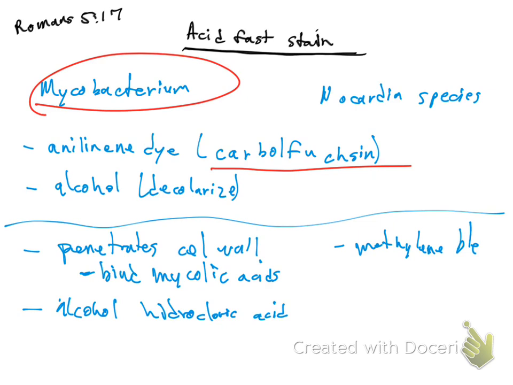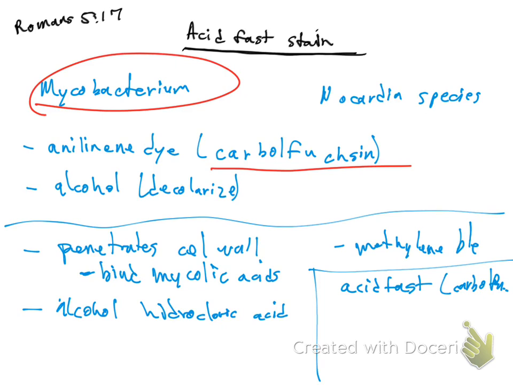Okay, so in a few words, I'm going to do this box here. The one that uses carbolfuchsin is going to be the acid fast bacteria, and this is with carbolfuchsin. And the one that is non-acid fast is going to be blue.